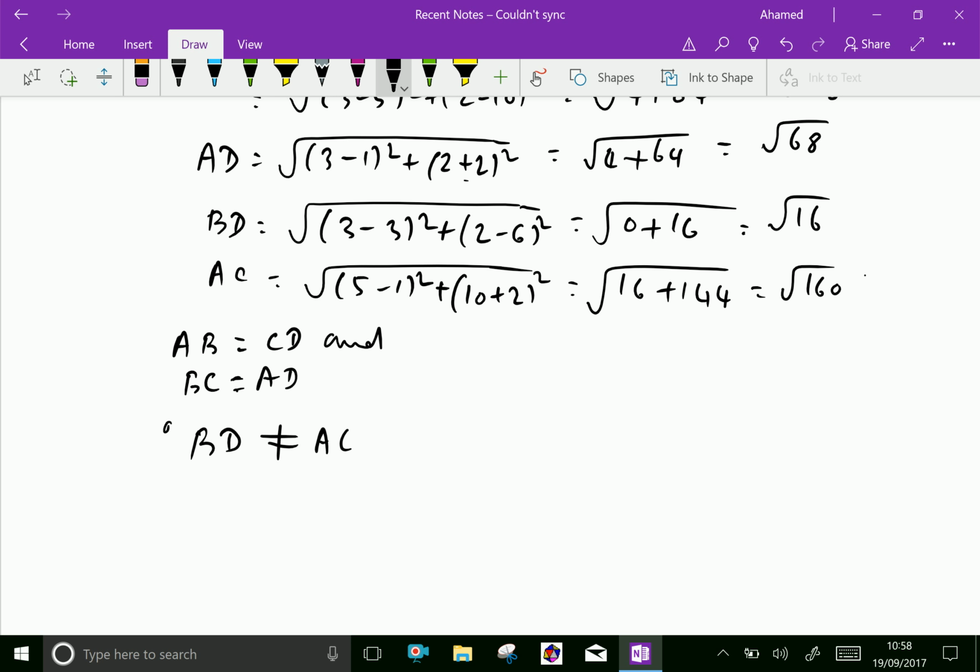From these results, we can say the points A, B, C, D form a parallelogram. That is, ABCD is a parallelogram.